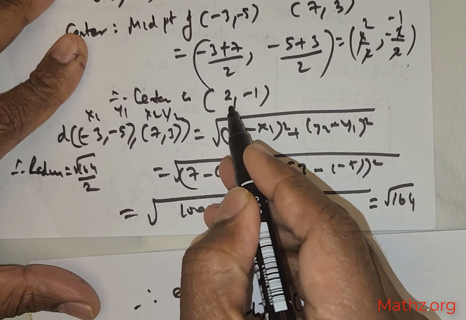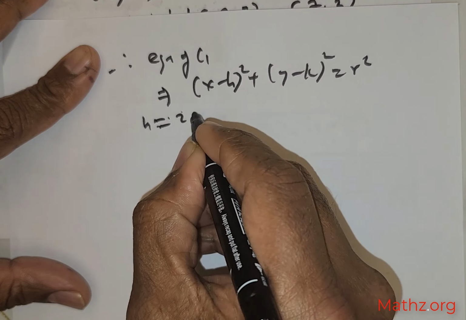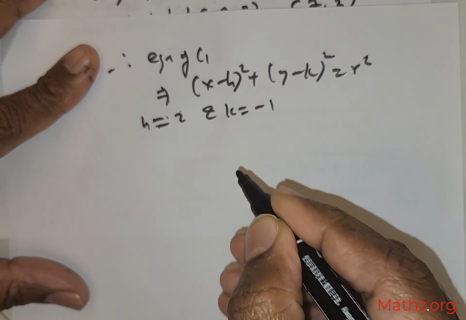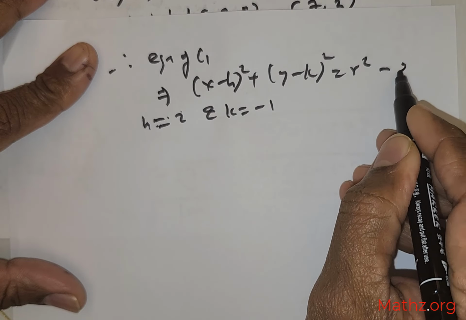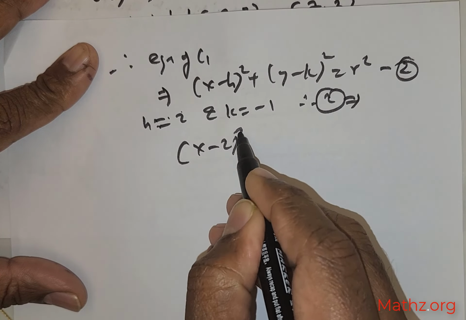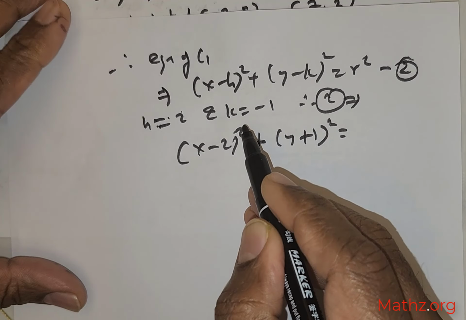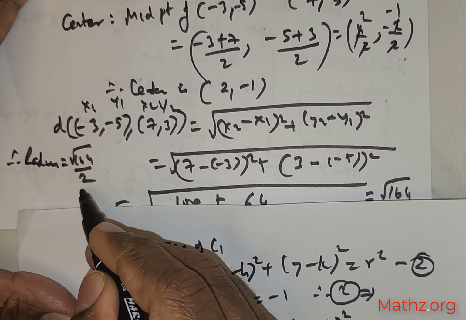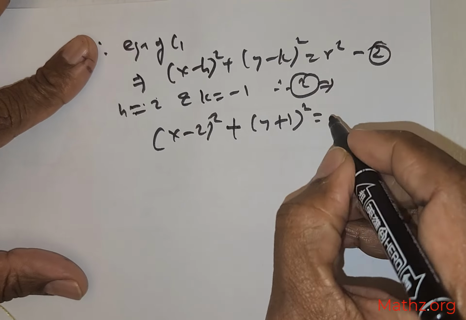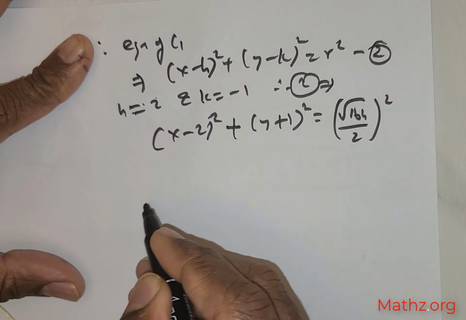So from here h is 2 and k is negative 1. So h is equal to 2, k is equal to negative 1. So therefore my equation can be rewritten as x negative 2 the whole squared positive y positive 1 the whole squared is equal to, radius is root of 164 over 2. So root of 164 over 2 the whole squared.